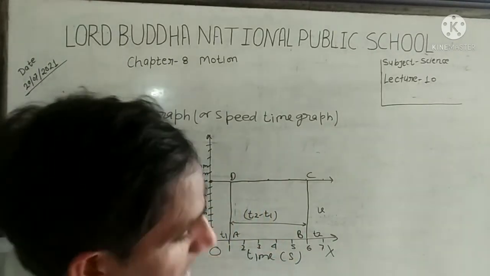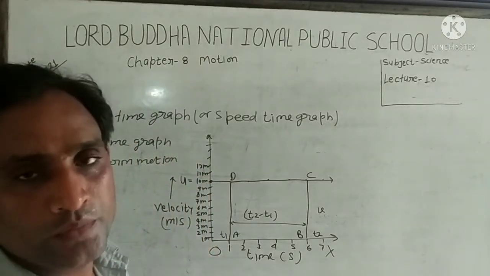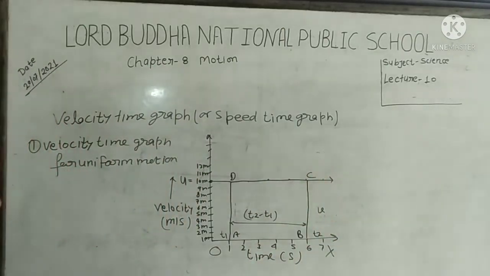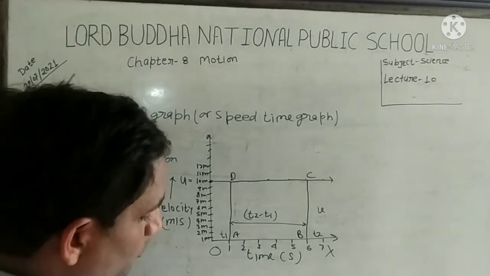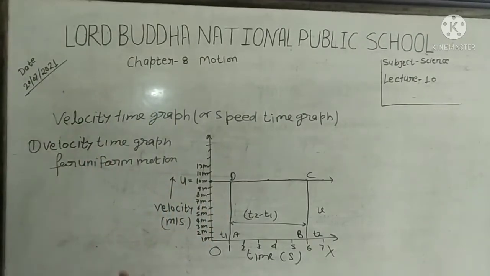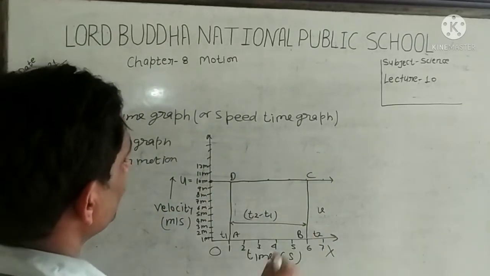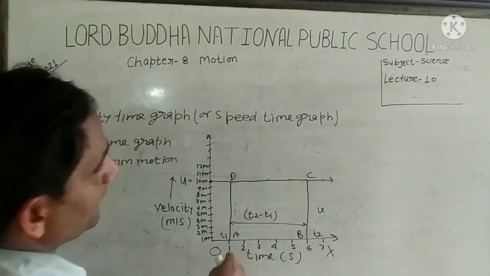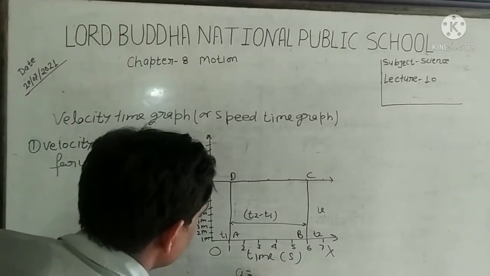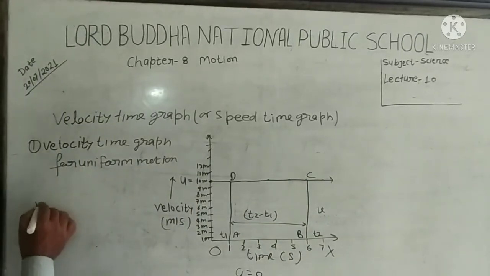From this graph, we see that the velocity time graph for an object moving with uniform motion is a straight line parallel to the time axis. Because there is no slope between the velocity time graph and the time axis, the acceleration is zero.